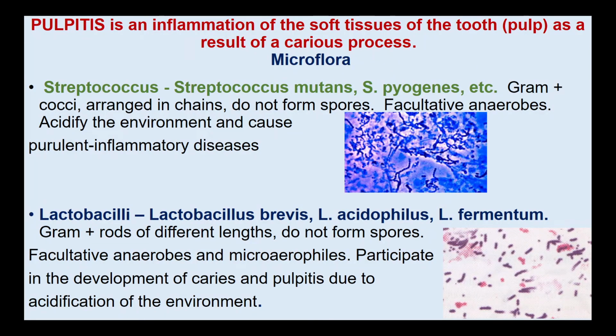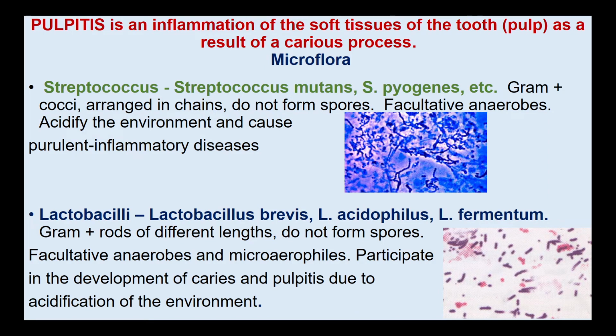Pulpitis: an inflammation of the soft tissue of the tooth pulp as a result of the caries process. The main causative agents, maybe you understand this, are streptococci. We discussed, yes, they are gram-positive cocci in chains, facultative anaerobes. Besides acidifying the environment, they can also cause purulent inflammatory diseases.